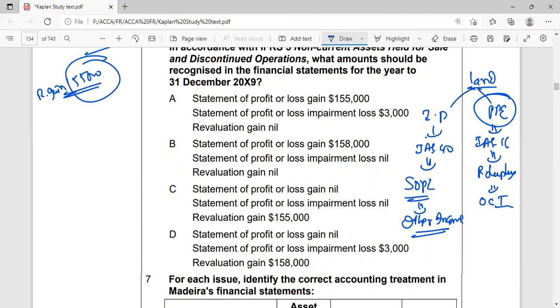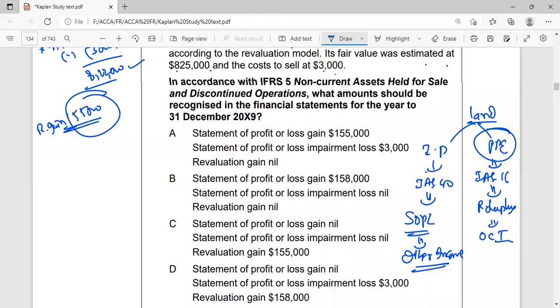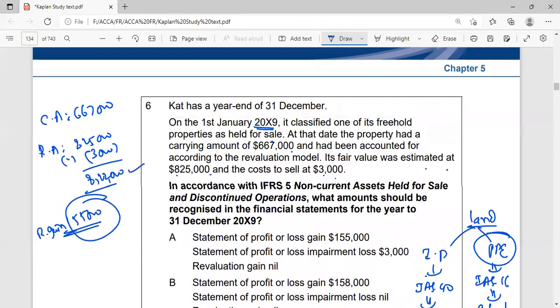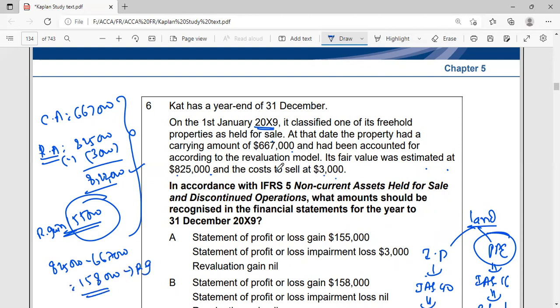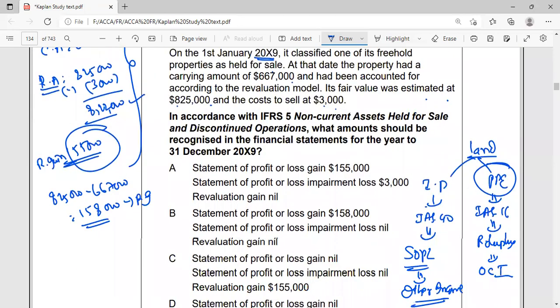If you divide it individually, what is the revalued figure? 8,25,000 minus 6,67,000, 1,58,000. This is the revaluation gain. So this revaluation gain is transferred to other comprehensive income.